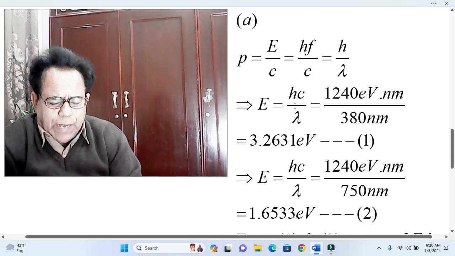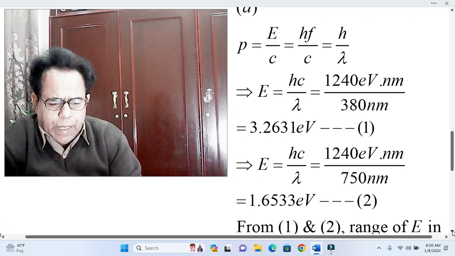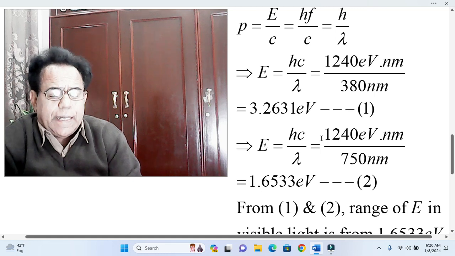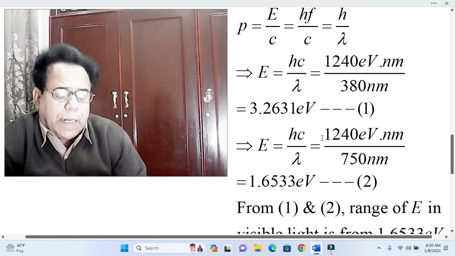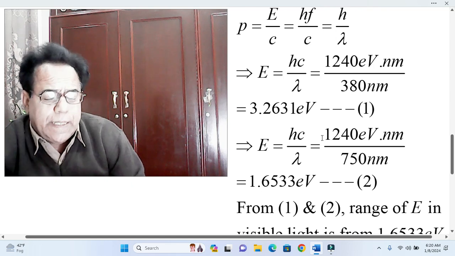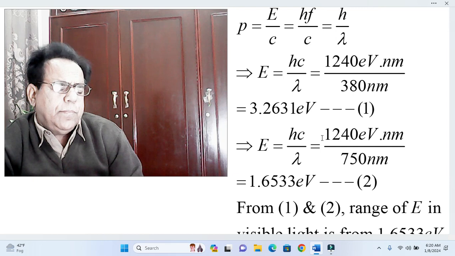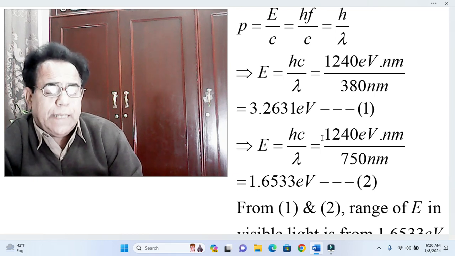Here again the combined value of hc has been taken from the table of physical constants, which has been included as a snapshot in this problem, and the value of lambda is given in the statement. In this statement two values of lambda are given, because this is giving a range of wavelengths.